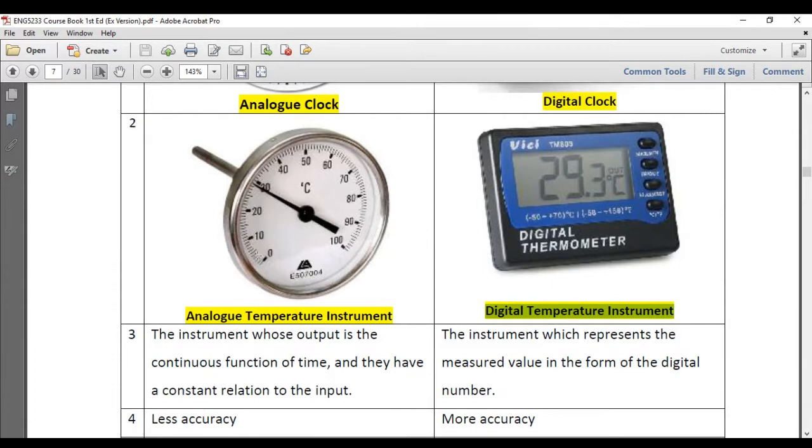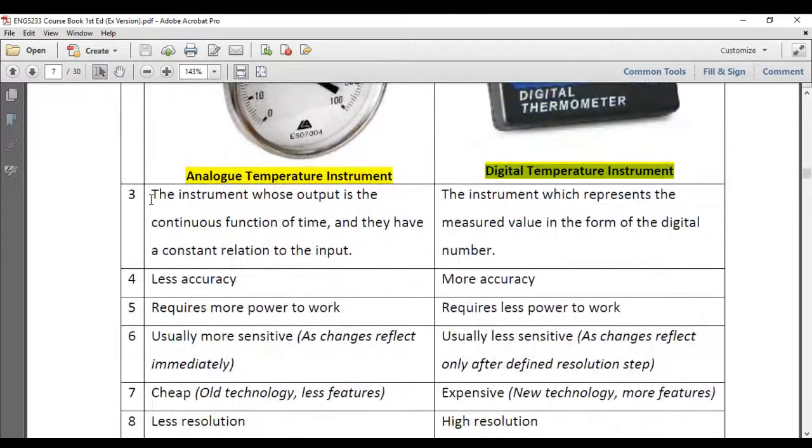Okay, and the resolution steps, you can see there are the divisions in between 0 and 10 and 10 and 20. So this is the resolution step, and the needle is moving on the scale and you get the reading, while the digital one straight away gives you the numbers and with a unit, and you can easily read the reading.